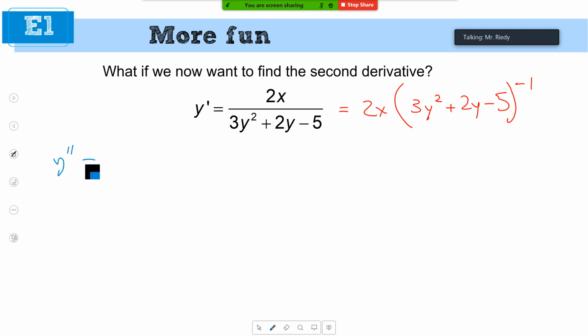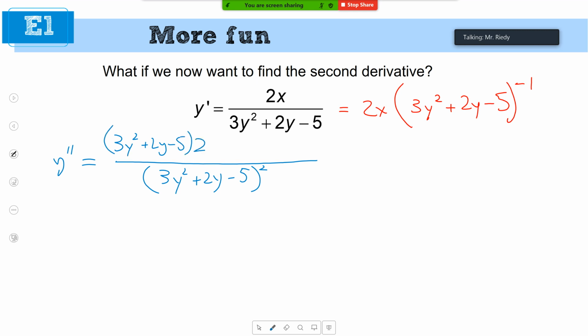All right. Y double prime would be equal to the denominator on the bottom squared. Bring the denominator up on top.